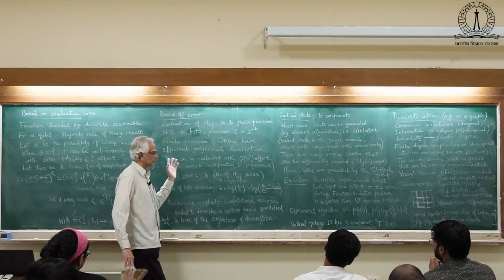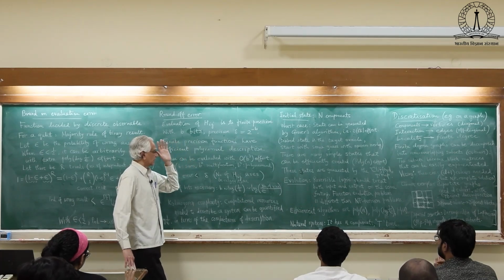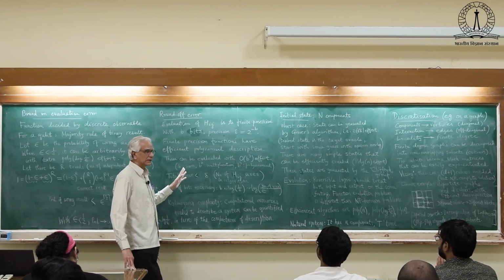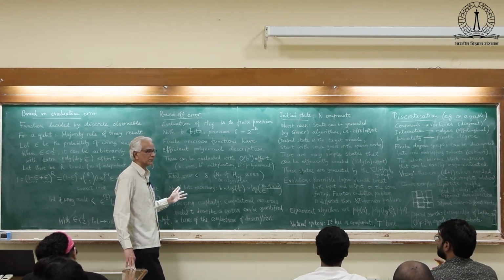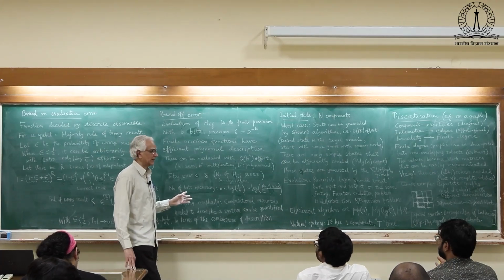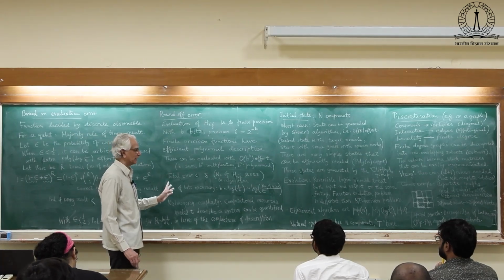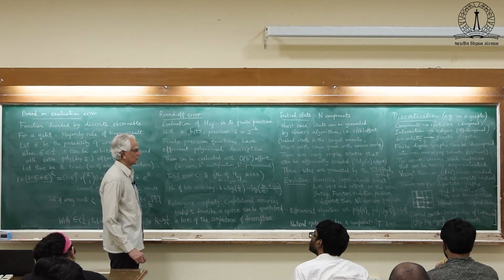So these are the kind of things which arise from discretizing the problem, but we need to do that to have a reasonable looking algorithm, and the errors and the overheads are there, but they are kept under control.